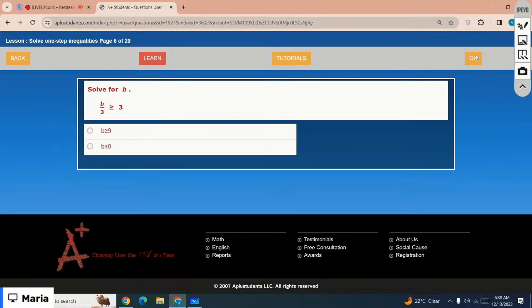Okay, the next one is solve for b, which is the correct option? Yes, it is b is greater than 9. Option number 1 is the correct option.